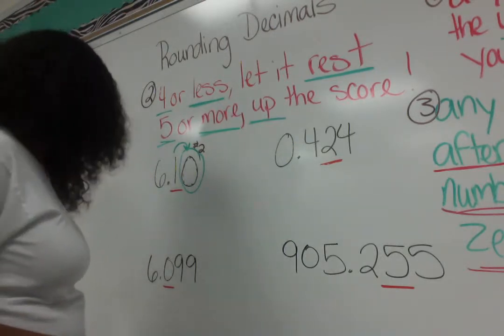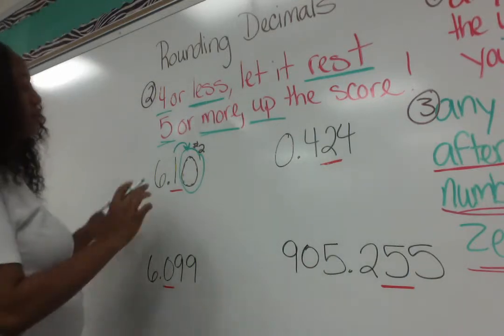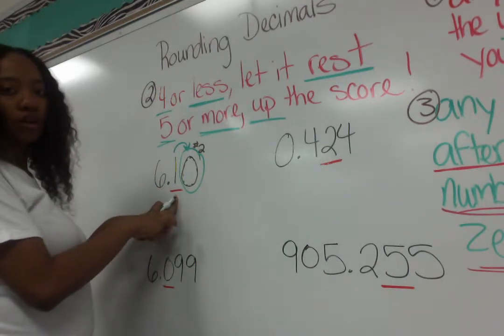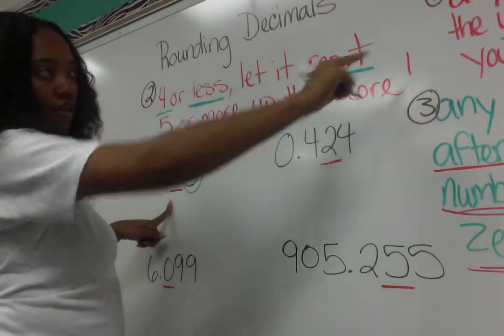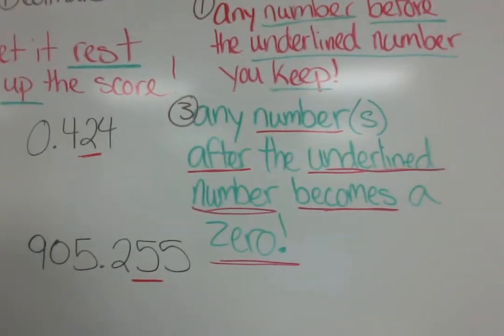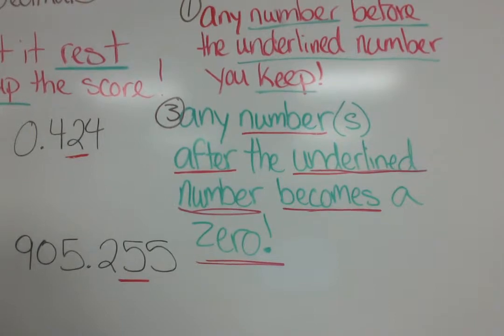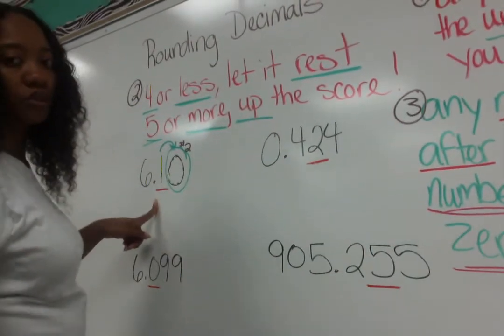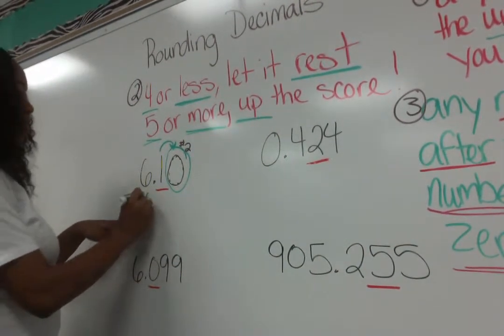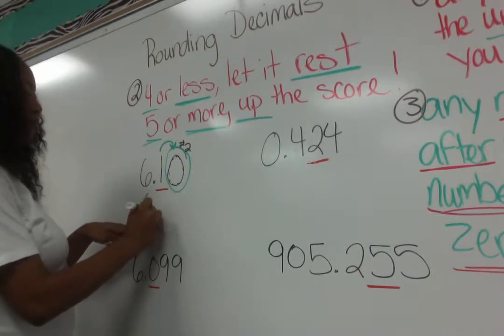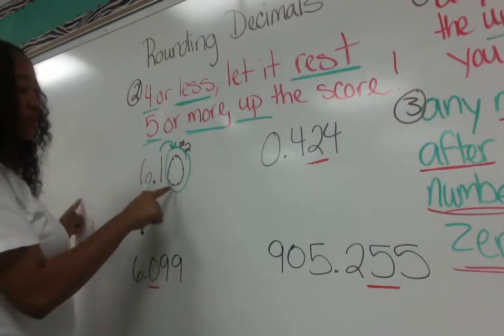Okay, the first thing we know is we keep any number before the underlined number. First rule, any number before the underlined number you keep. I'm going to keep my 6, keep my decimal. I'm now going to look at what's circled.